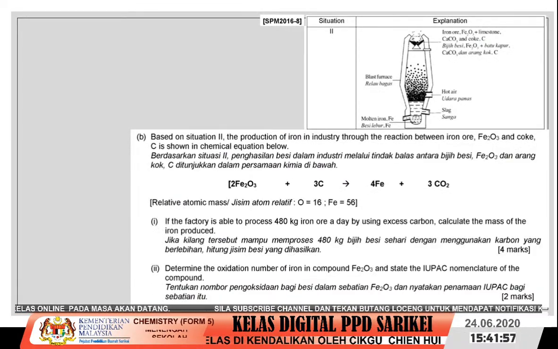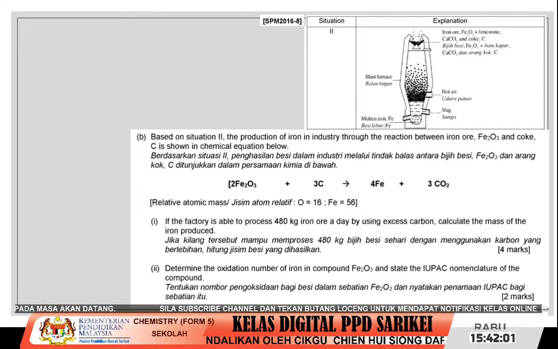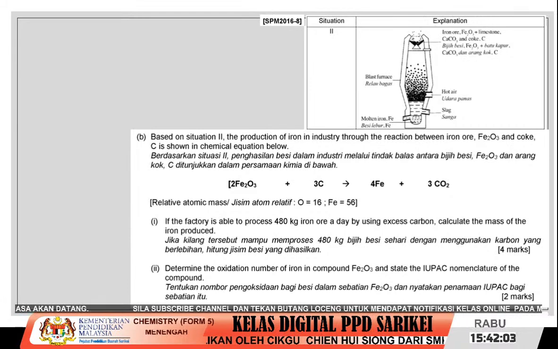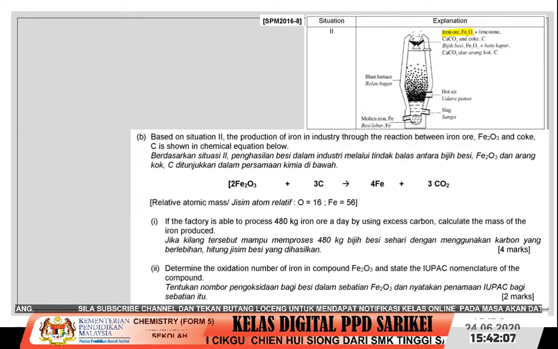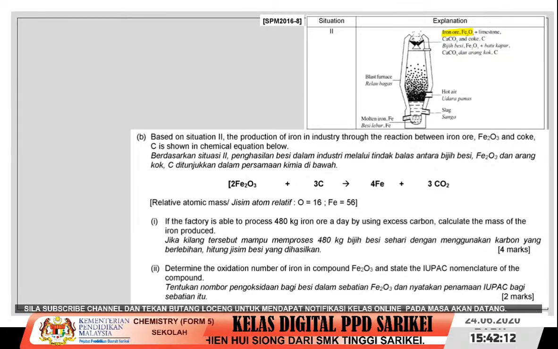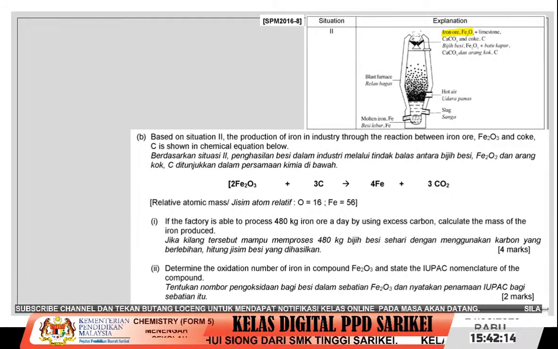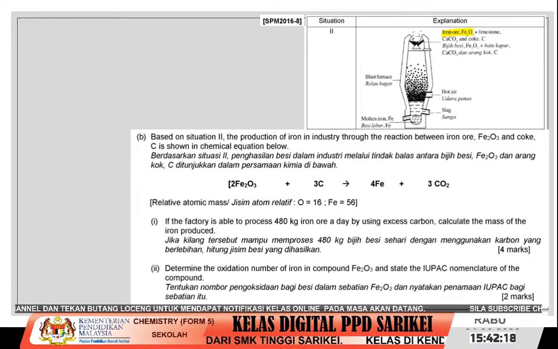Now let us look at this question. Question 8, SPM 2016. Let's refer to this diagram. Iron ore, iron(III) oxide, is mixed with limestone. Limestone is calcium carbonate, and coke is carbon in a blast furnace.